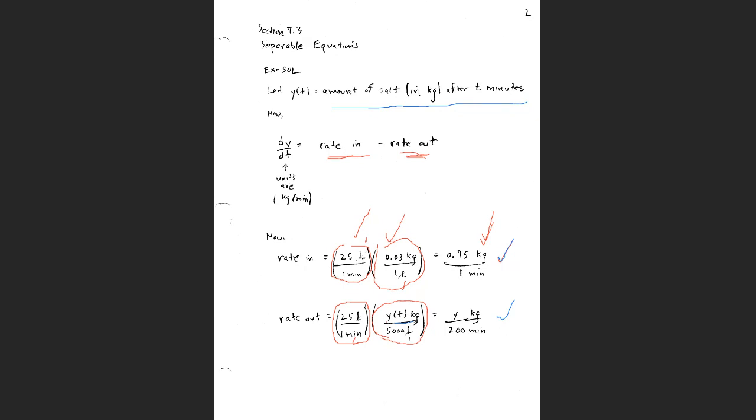Let me see. Nao had a question: how come we couldn't use 20 kilograms for the rate out? Well, the thing is, I want to say this the right way. Initially, the tank contains 20 kilograms of salt dissolved in 5,000 liters of water.